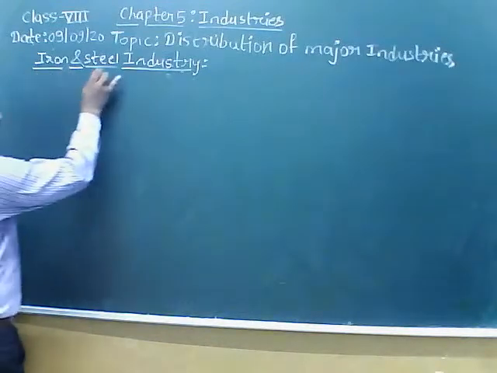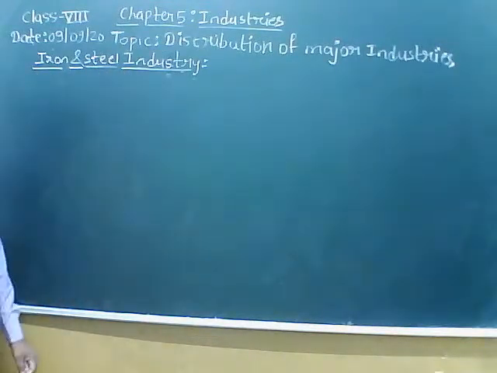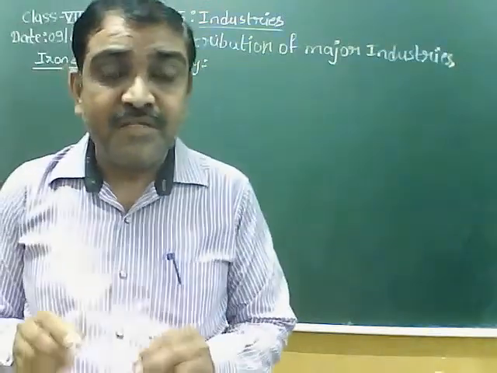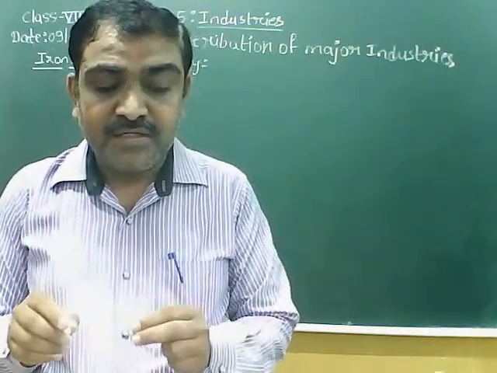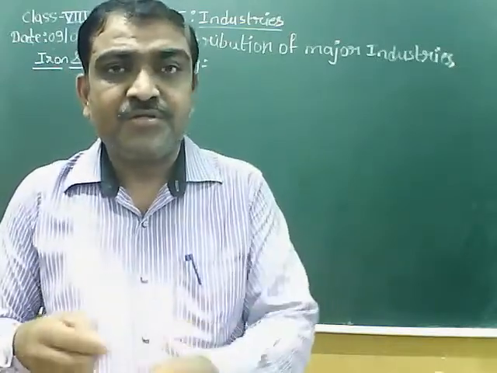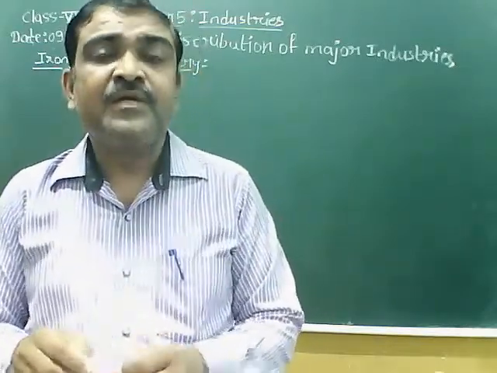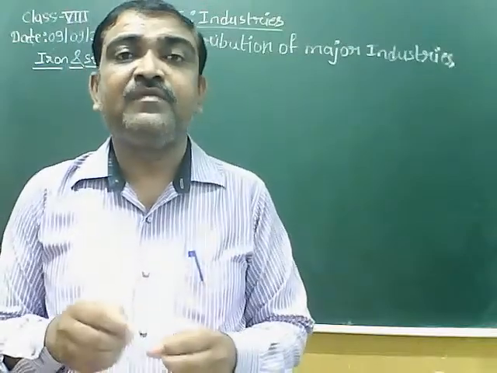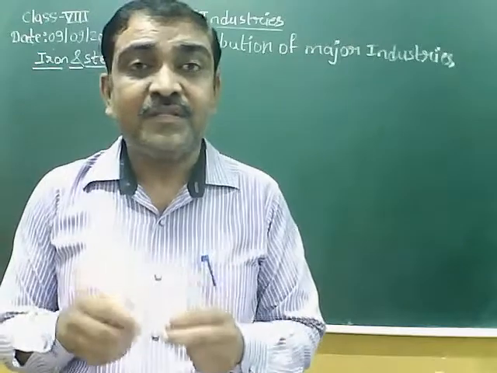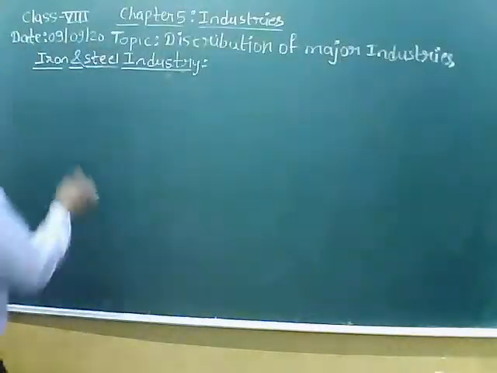In this iron and steel industry, now we are going to discuss the properties of iron and steel. That is, in short, we are going to discuss the product that we obtain from iron and steel. What are the properties of this?